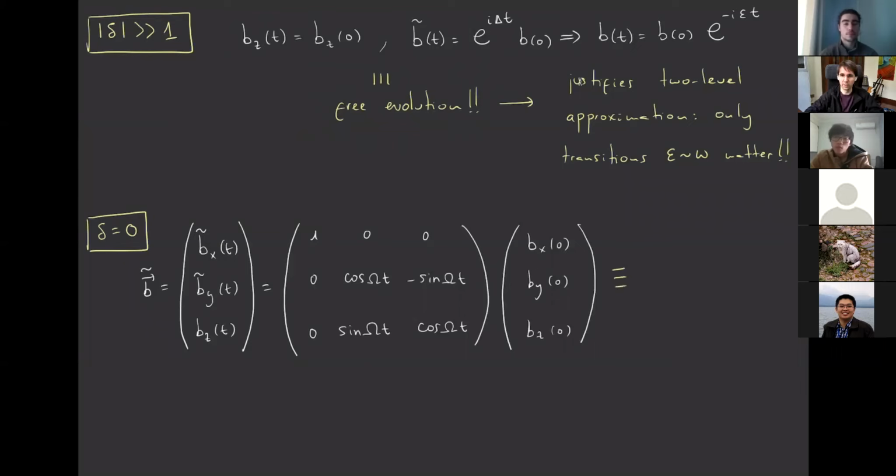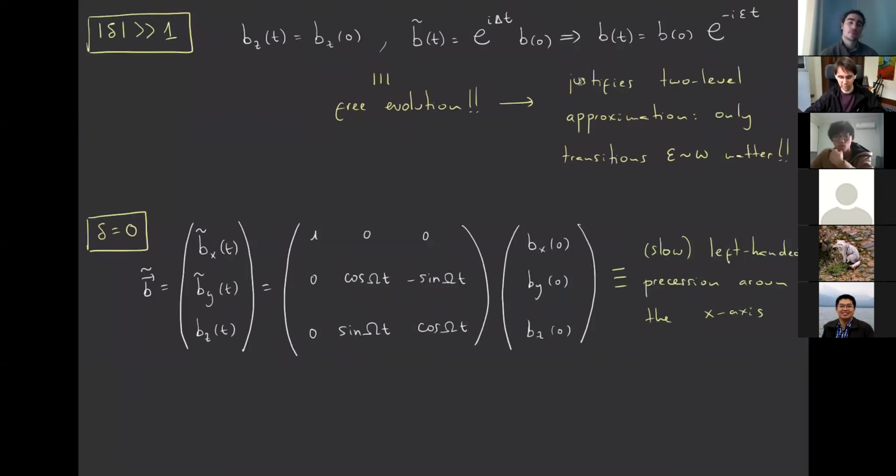And then this is equal. So what is this? This is just a, and this is important, a slow, compared to optical frequencies, left-handed precession around the x-axis. So you see that you are mixing the components y and z through a rotation at frequency omega, okay?